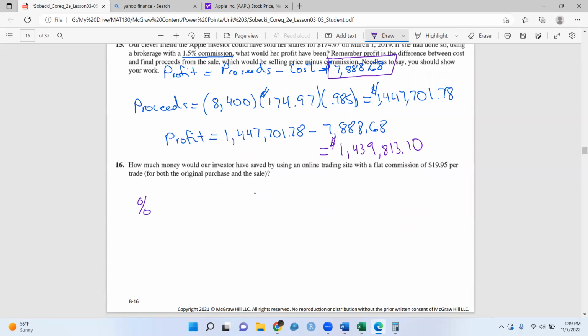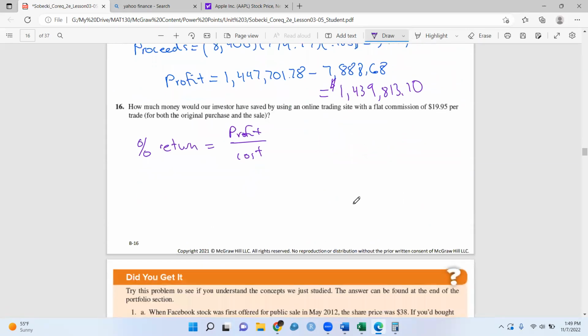I'm going to call that percent return, and that's equal to the profit divided by the cost. And then really we want to know what percent we earned per year. So that would be the profit divided by the cost, divided by the years.